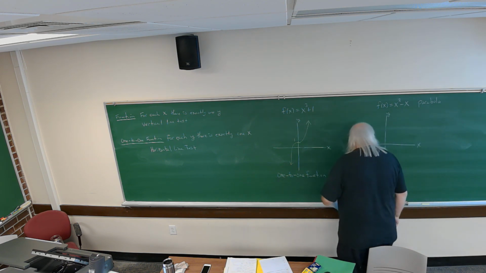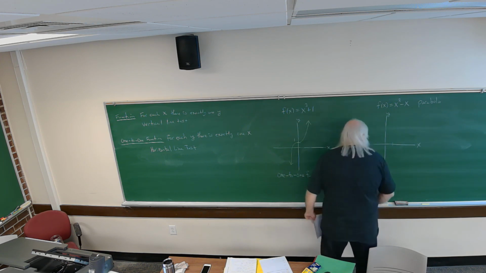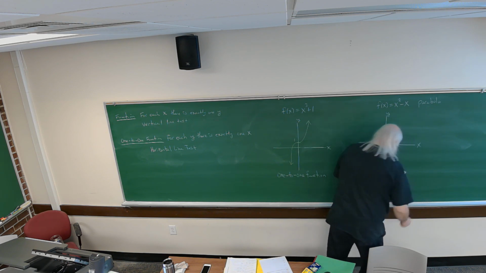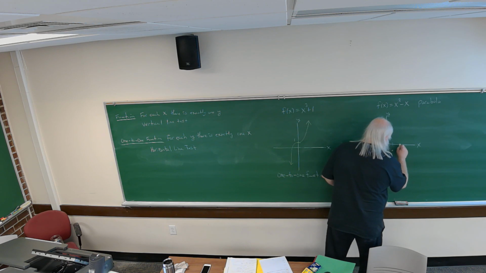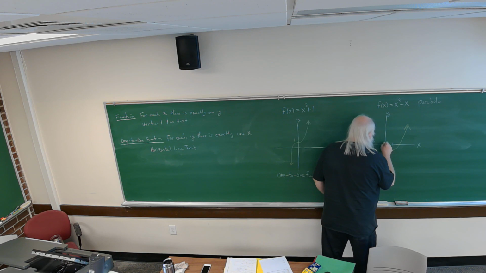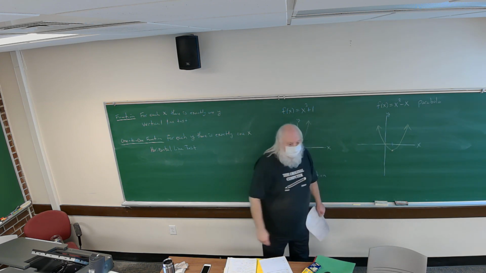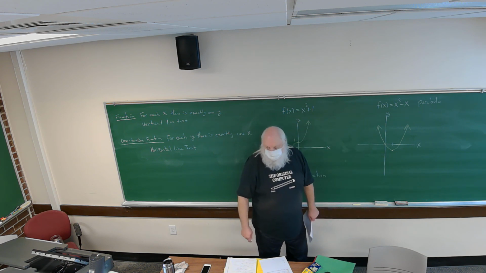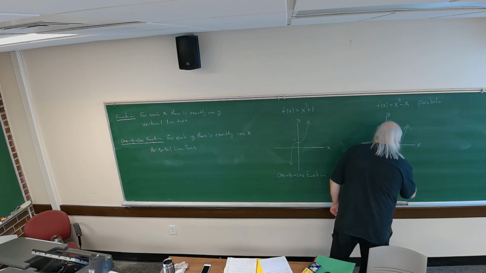And this is just a crude representation of the graph, but it looks something like this. It goes through the origin. That's the parabola, and you know the graph of a parabola passes the vertical line test. So this is a function.